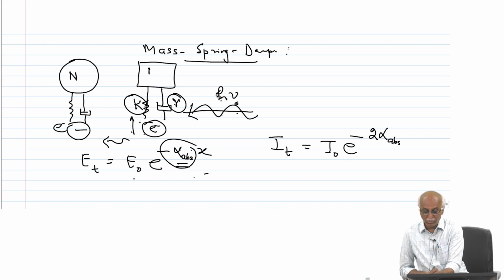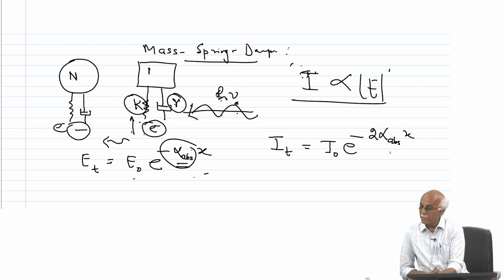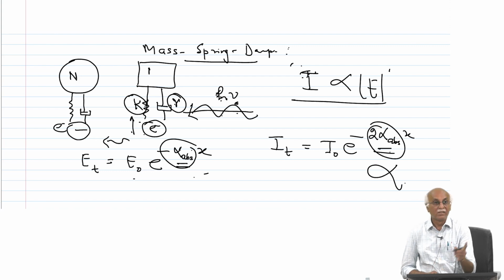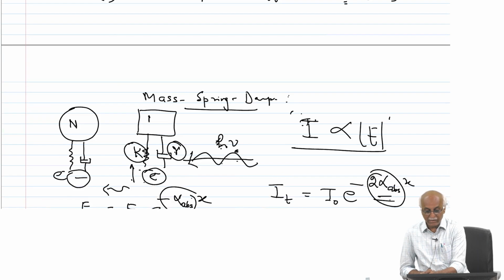Why minus 2, you know, because the intensity of an electromagnetic wave is proportional to E square. So it will be like this. So this parameter is nothing but the alpha I described over here.